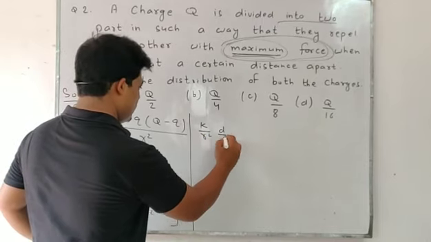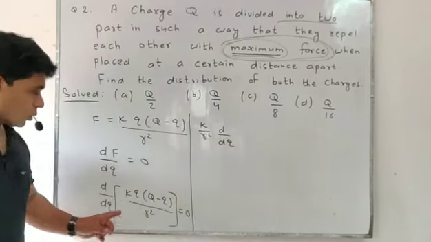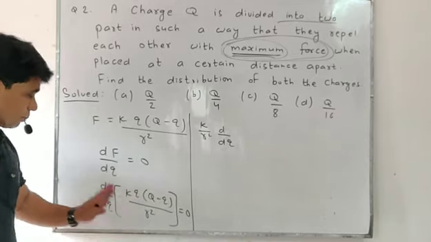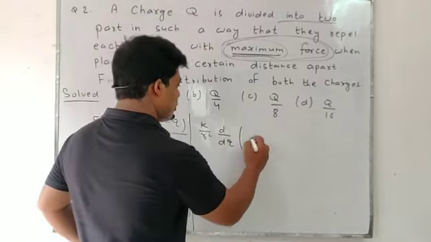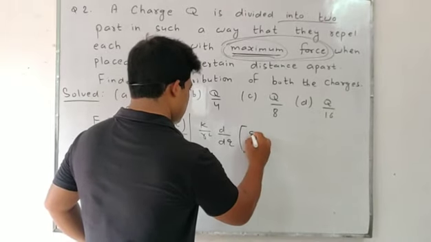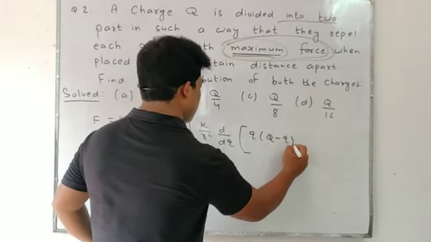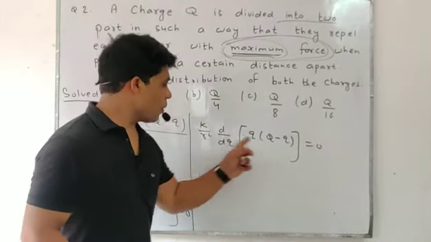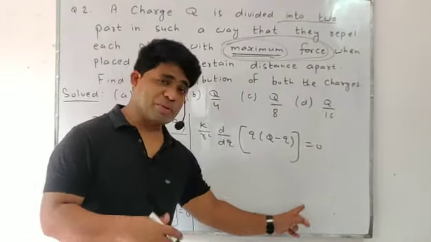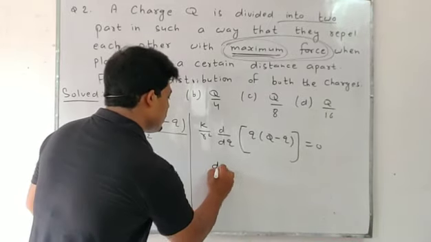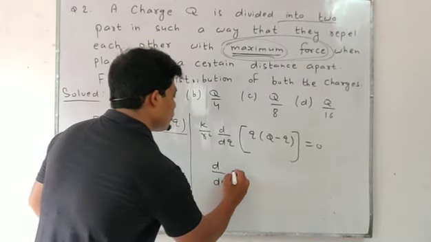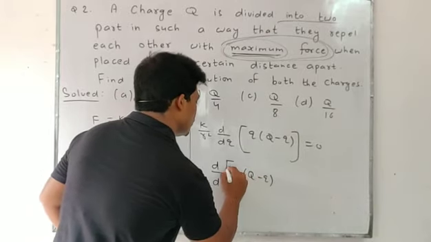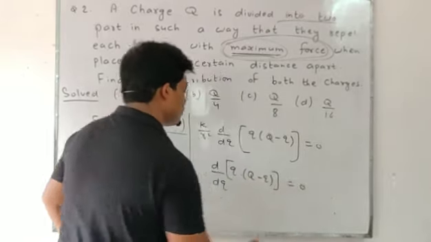K by r square, d by dq of small q into capital Q minus small q, equals 0. Look, 0 times k by r square is 0. So it remains d by dq of q into capital Q minus small q equals 0.